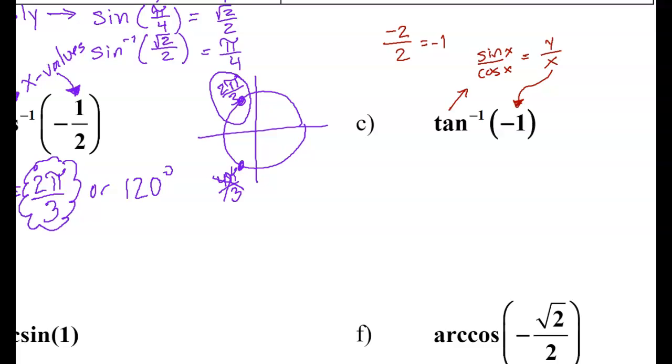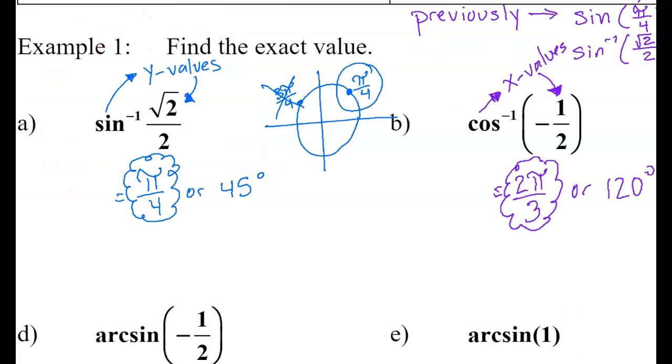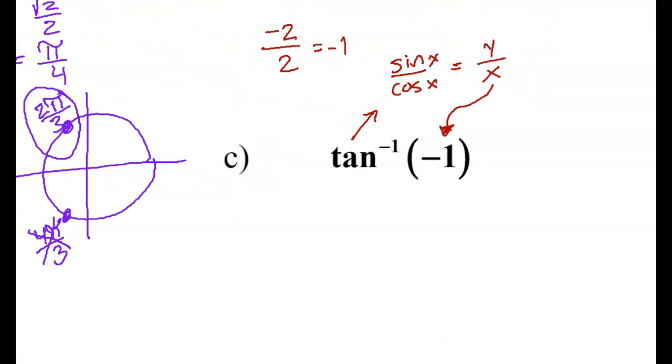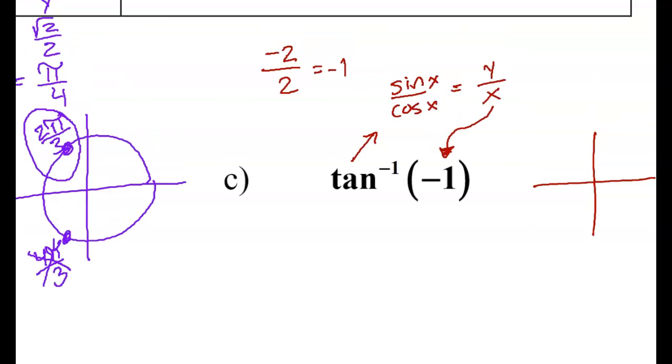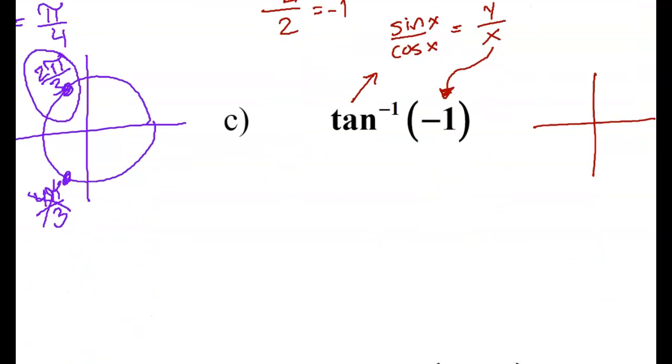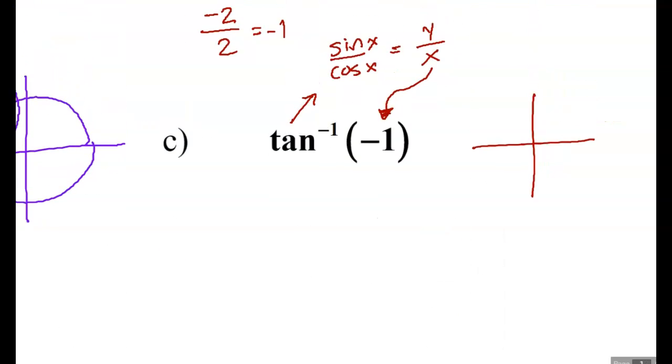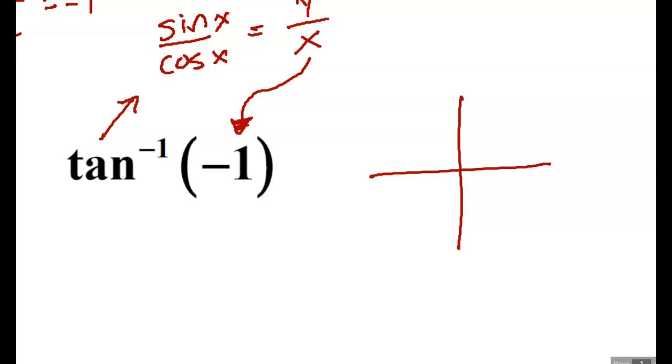There are two. Where on my unit circle do I have the exact same x value as y value, but one of them is negative?